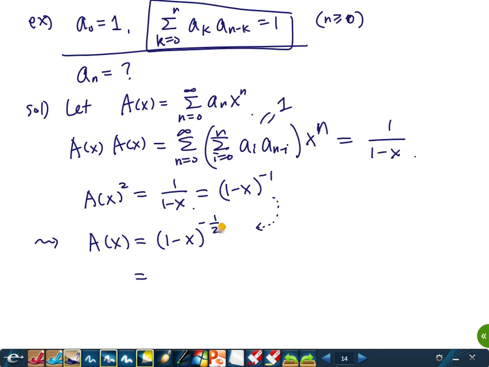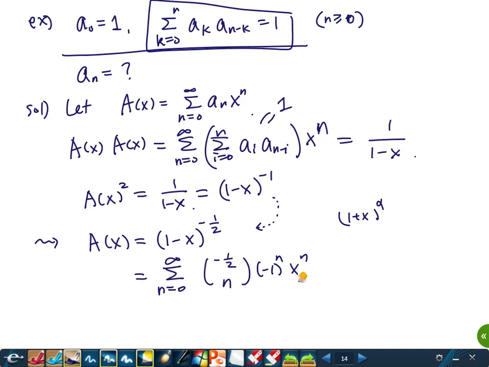Now, this is of the form 1 plus x to the something. So you can use the definition of 1 plus x to the alpha. It is going to be equal to the sum of binomial(minus 1 over 2, n) times (minus 1) to the n, x to the n.